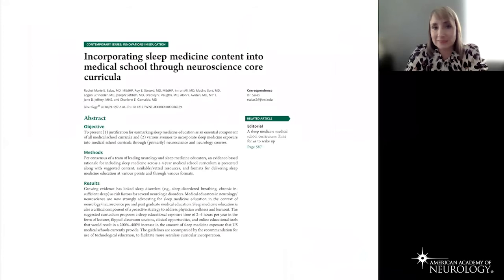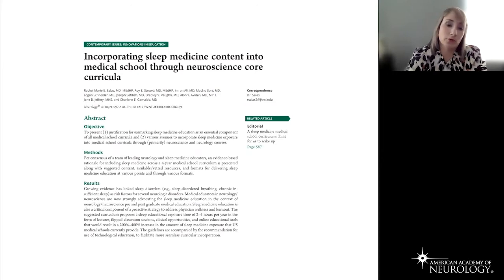Now, the truth is sleep, especially when I was in training, we didn't get that much sleep medicine education in our medical school curriculum, and then probably even less in residency. So a group of us, not just sleep educators, but neurology educators, came together and proposed different ways to implement sleep medicine throughout the medical student curriculum.